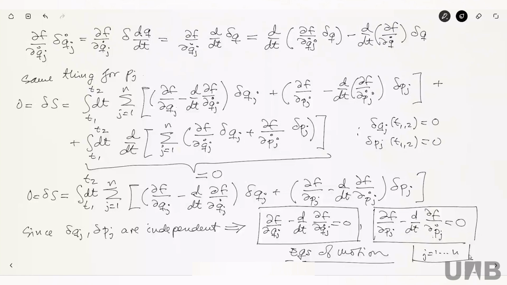So now we're going to apply these equations to our function f, but our function f, a function of q, q dot, p, p dot, and t, was nothing but the sum from j equals 1 up to n of pj q dot j minus the Hamiltonian function of qj, pj, and t.